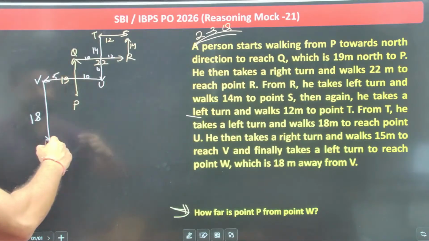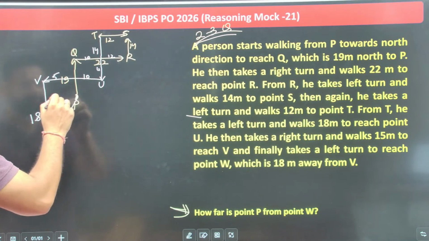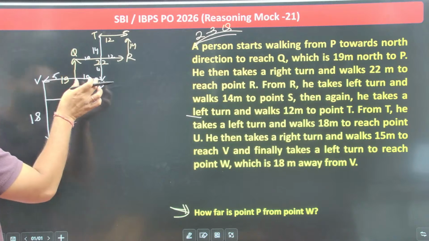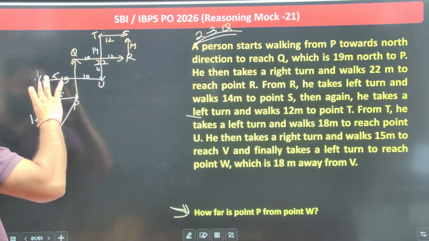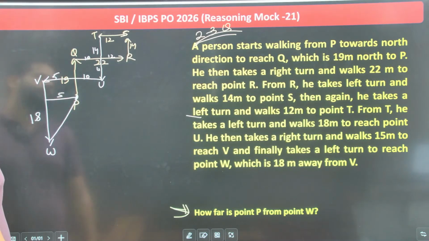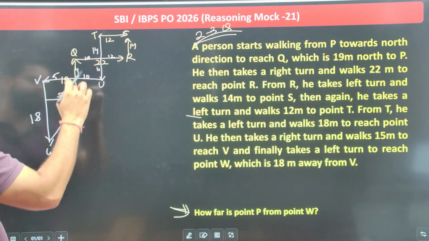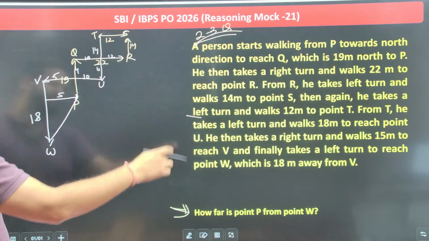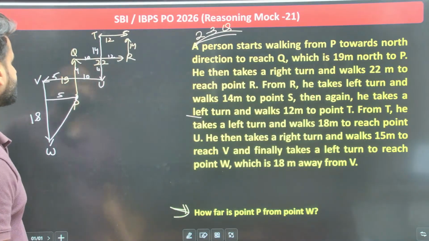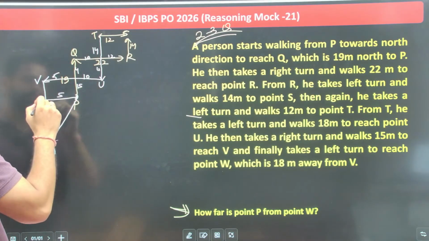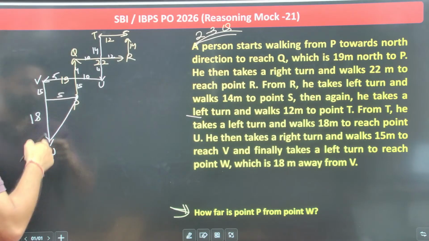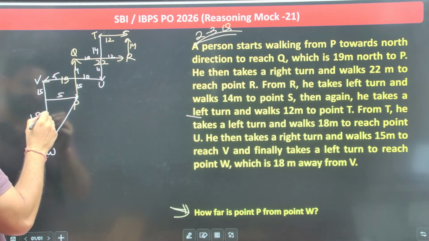So basically we need to find the distance between P and W. Now this was 10, 5. This is 5. This was 14 and 4. This was 4. This complete was how much? P to Q was 19. Minus 4, this will be 15. Total is 18, so this will be 3.